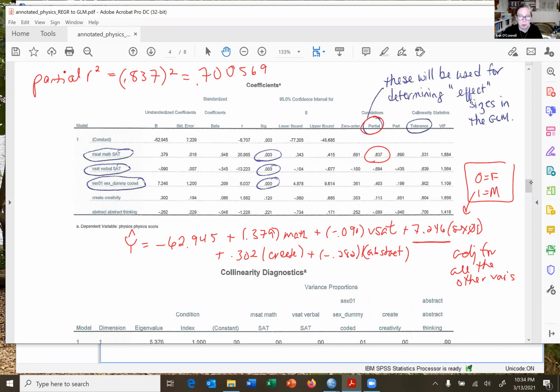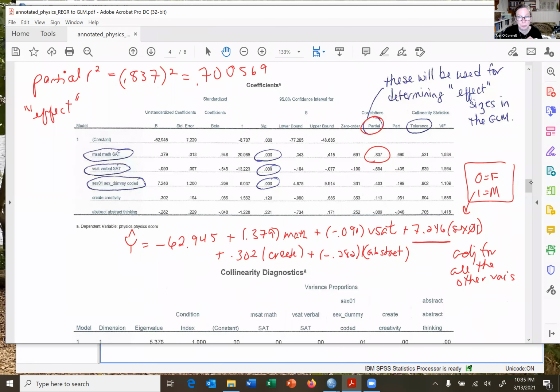So 70% of the remaining variance in physics achievement is explained by math SAT after controlling for all the other predictors in the model. That's how we can use the partial correlation squared to help us understand what we mean by the effect of a predictor in the model.